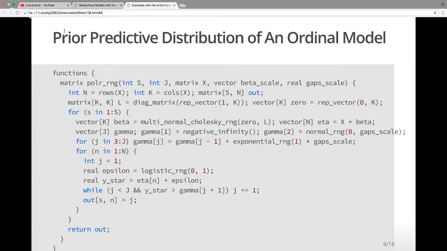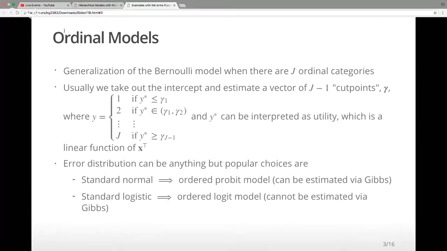Questions about that? Robert. So that while loop, we're just figuring out which category, where they have the highest probability. Yeah, not so much where it has the highest probability, but where you trip over the cut point. So where does y star fall in relation to these cut points? Is that not the category with the highest probability?